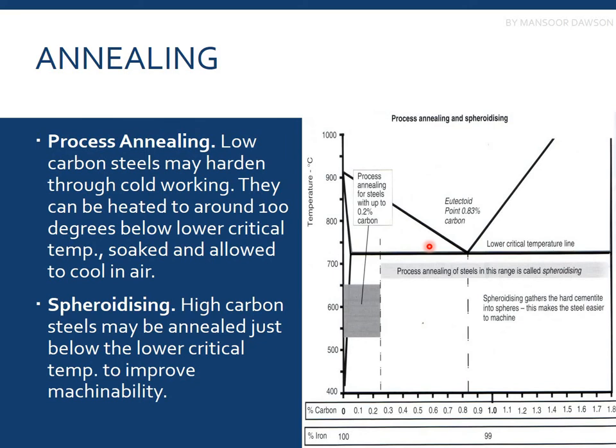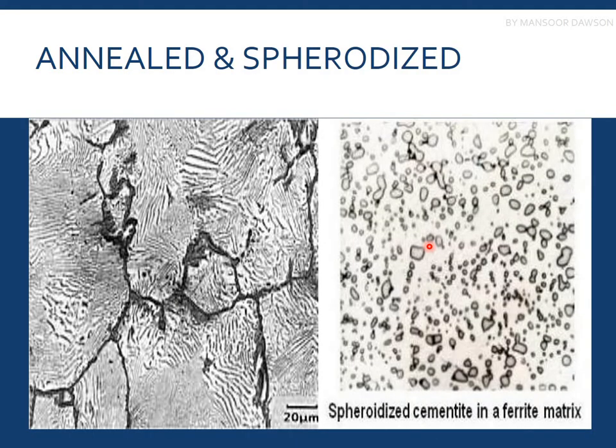Usually the cooling process is carried out in the furnace, and it is controlled, and it is usually the same as the heating rate. Sometimes air cooling is also avoided in annealing, and furnace cooling is required.